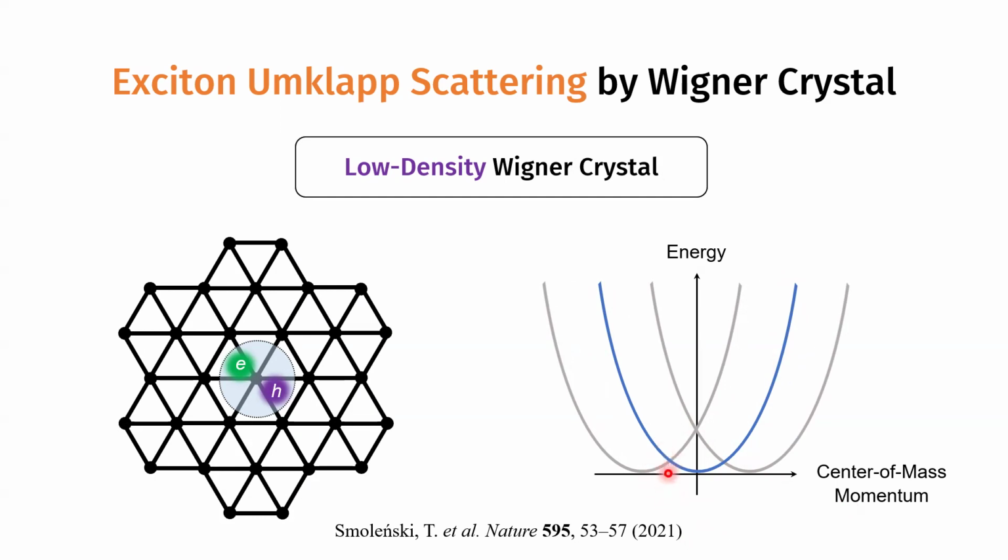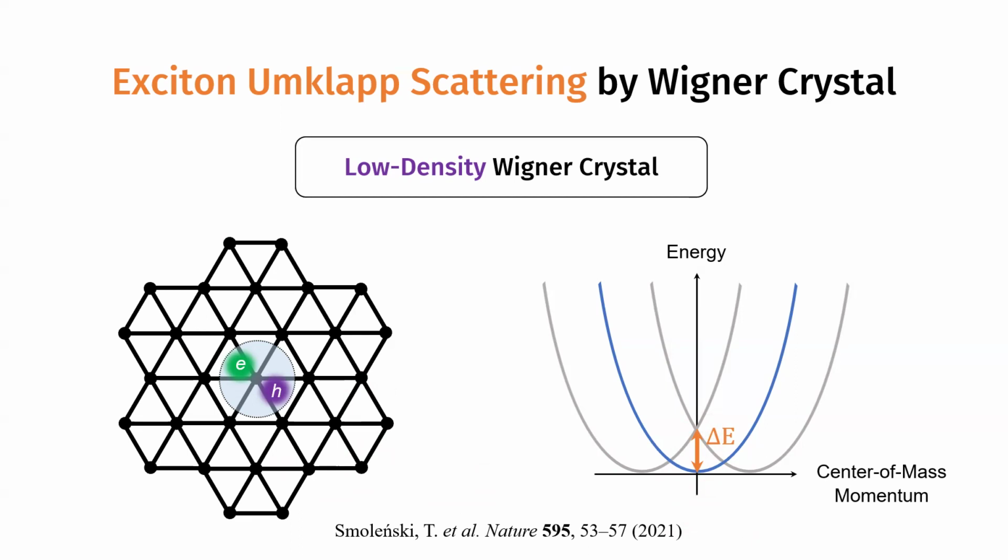And this momentum value here is inversely proportional to the lattice constant of the Wigner crystal. And what this shows is the formation of a new optically resonant state that maintains exciton zero center of mass momentum, where this orange arrow is now.